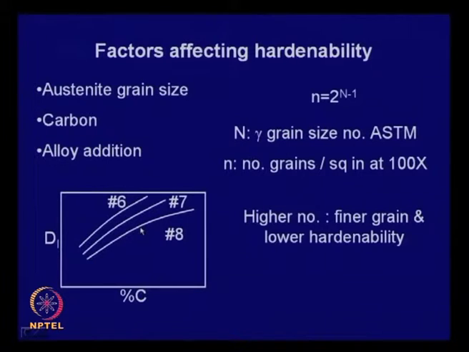Therefore, finer grain will exhibit lower hardenability, which is shown over here, and last class I tried to explain with the diagram the effect of grain size on hardenability. This is a plot which shows the ideal critical diameter as a function of carbon content. For a given austenite grain size number, as you increase percentage carbon, the ideal critical diameter goes up.